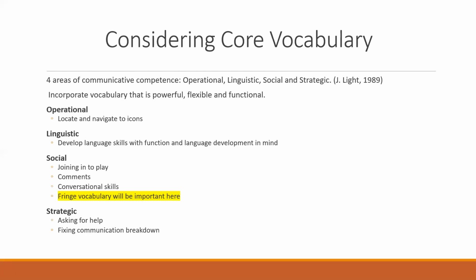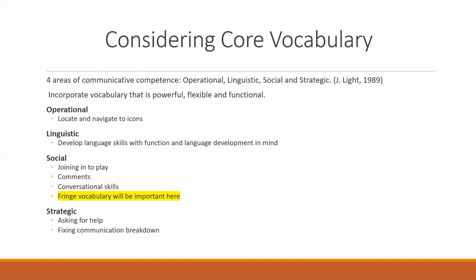So operational, again, that's locating and navigating to icons. With linguistic, that's developing those language skills with function and development in mind. So thinking back to when we discussed syntax and semantics, that all needs to be considered when we're choosing vocabulary.